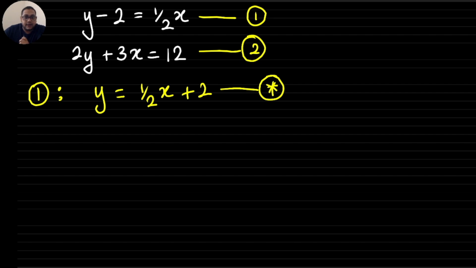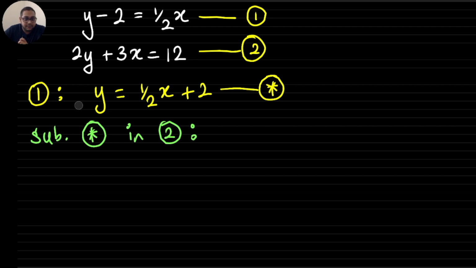And now I'm going to substitute this, the RHS of y, into equation 2. So I can write: substitute asterisk in equation 2.